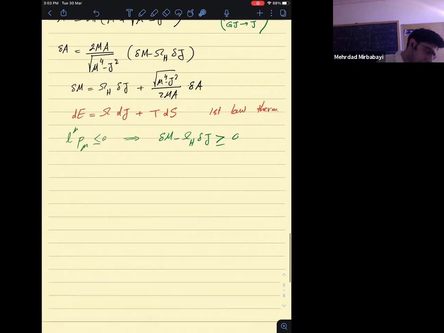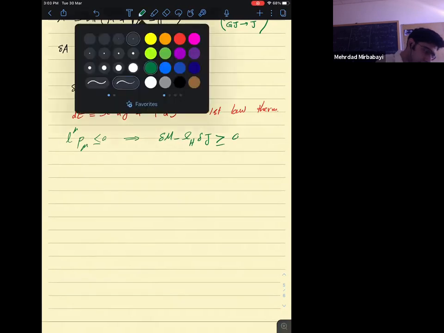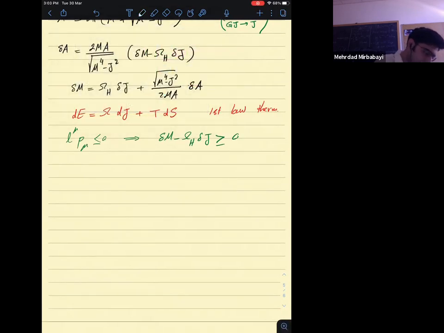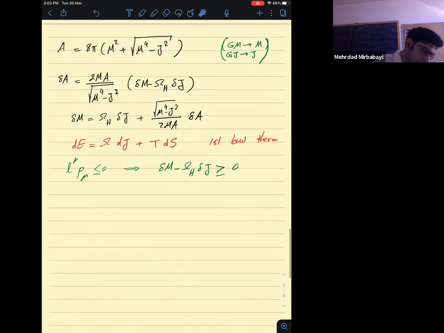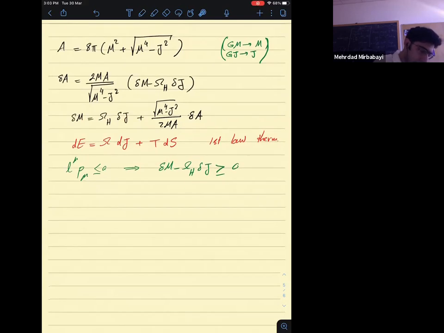But then the consequence will be that the change in area, see here, is related to this same combination. So what we conclude is that delta A has to be non-negative. Delta A has to increase.